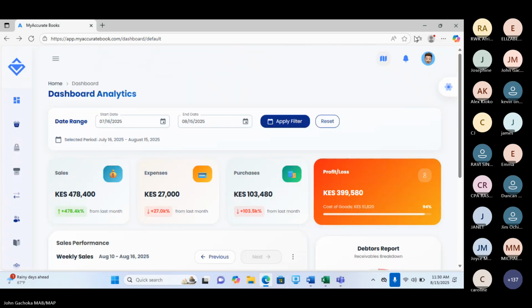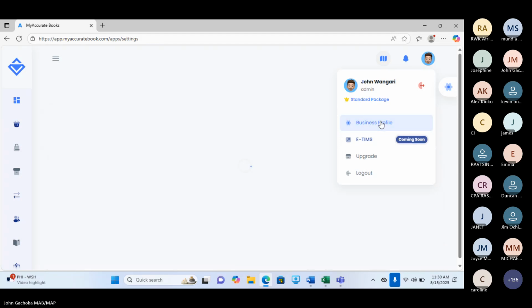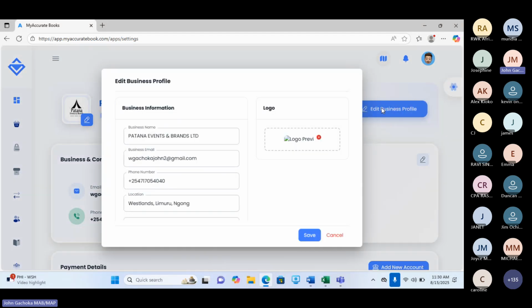Now, in creation of your account, you realize that at some point you may not have all details that you require to set up an account, but maybe you have the basics. In the event that you missed out on some information, you can come to business profile. With business profile, you're able to edit your business.